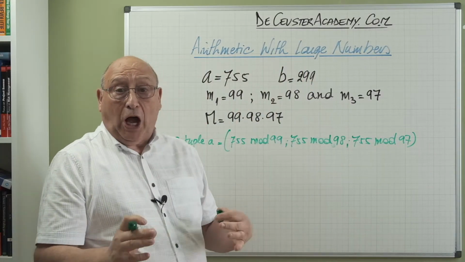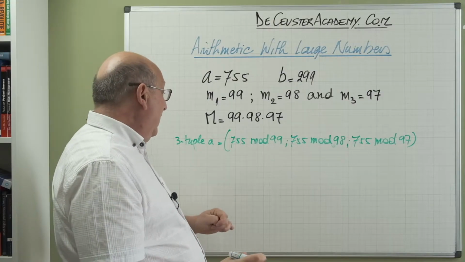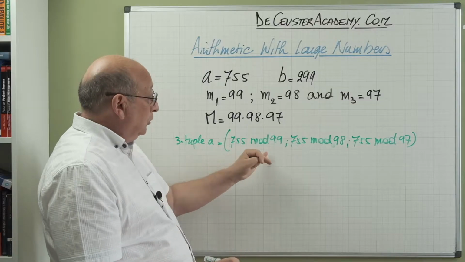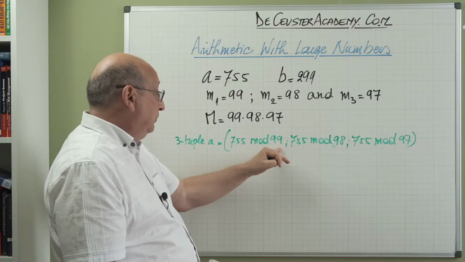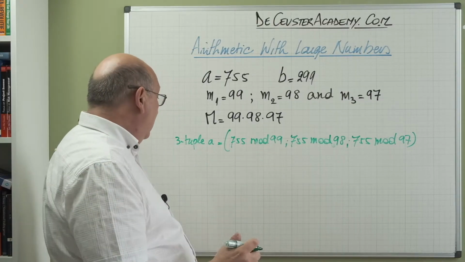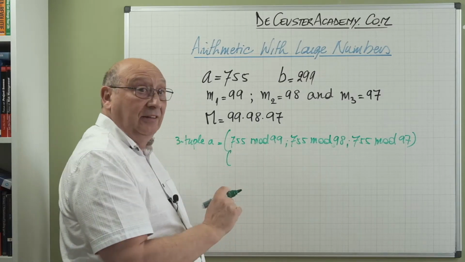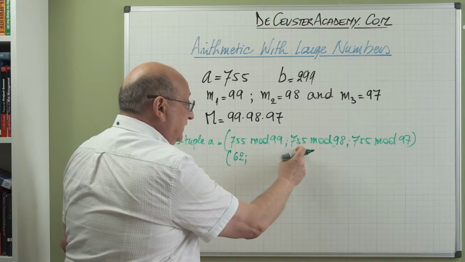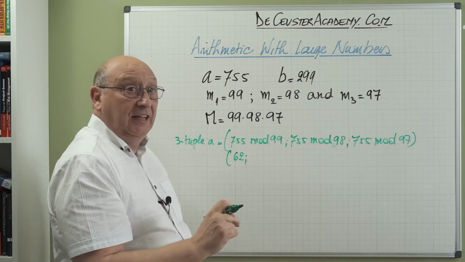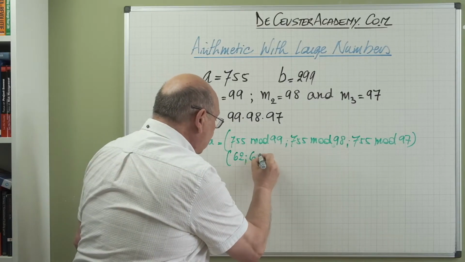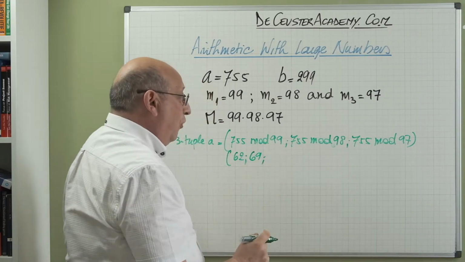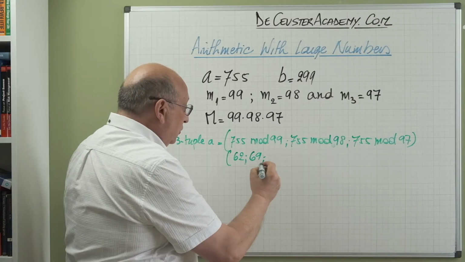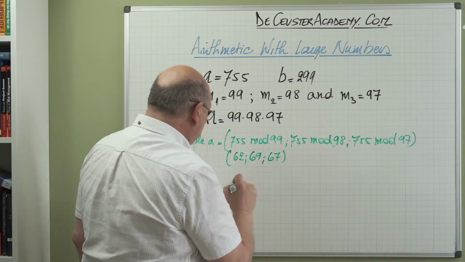I'm sure you know how to calculate those moduli, so we just have to say 755 is equal to a k factor times 99 plus a remainder, and that remainder is 62. For 755 modulus 98, the number is 69, and for 755 modulus 97, the remainder is 67.